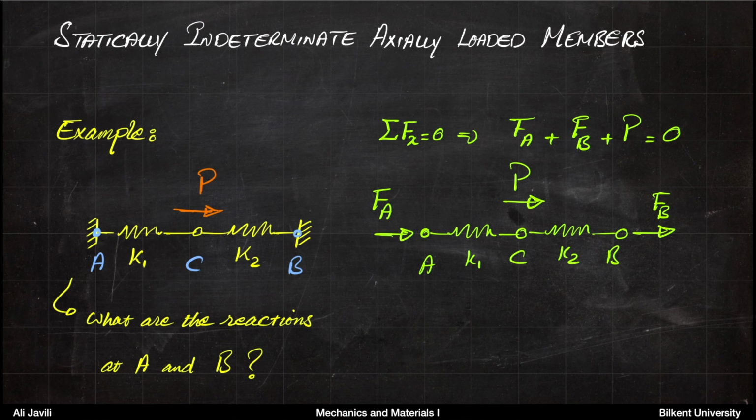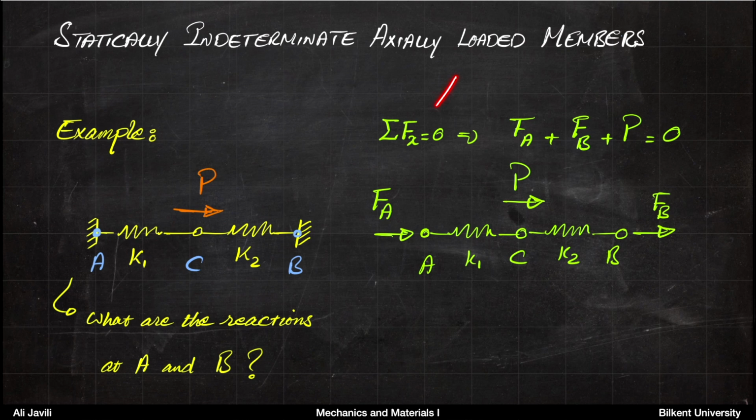So if we draw the free body diagram for the structure, assuming that the plus direction is as such for the forces, you get FA, FB on the two ends, and then the equilibrium equation that you have is the sum of forces in the x direction equals 0. So this is a one-dimensional problem, and we have one equilibrium equation here.